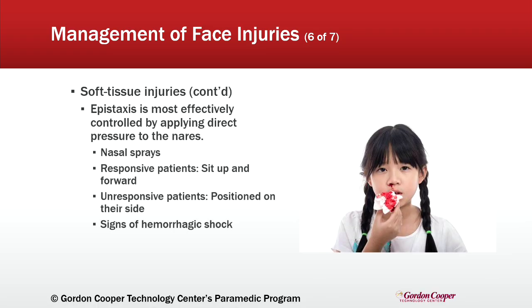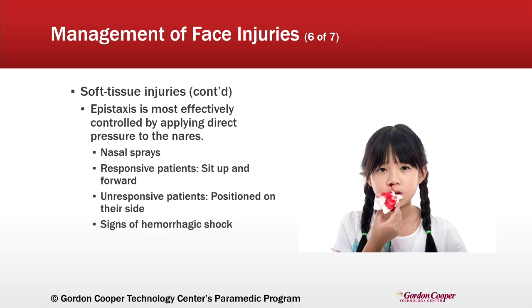The best way to control a nosebleed is by applying direct pressure to the nostrils. Some EMS agencies also permit the use of nasal sprays, but that's really protocol dependent. If the patient is responsive and you don't suspect a spinal injury, instruct them to sit up and lean forward as you pinch their nostrils together.